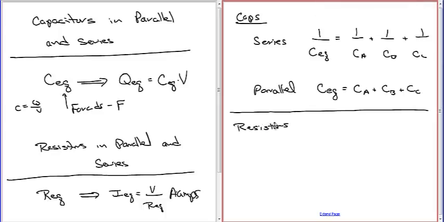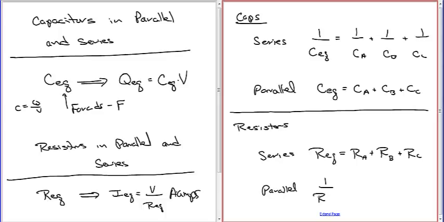Now for resistors, they're the opposite. So the equivalent resistance of resistors in series is just the sum of the resistors in series. And for parallel resistors, it's 1 over the equivalent resistance is 1 over each one added together.